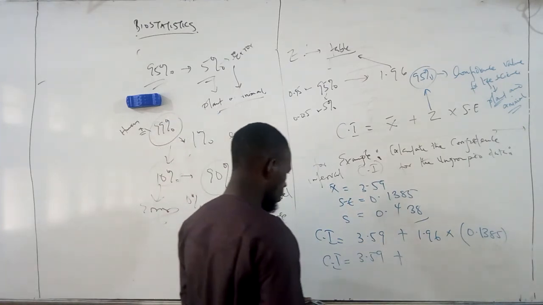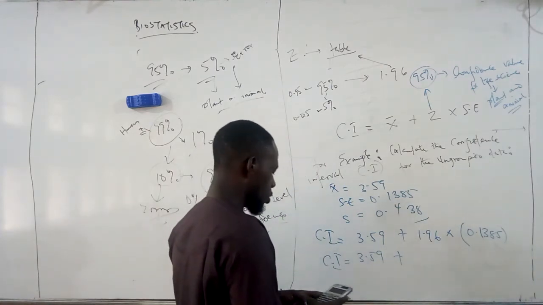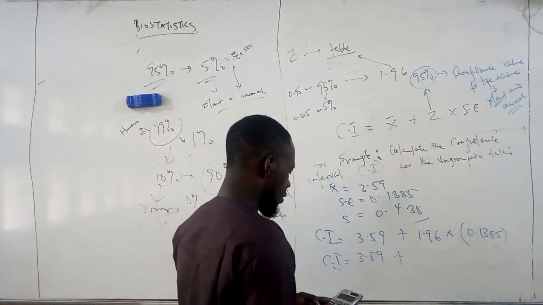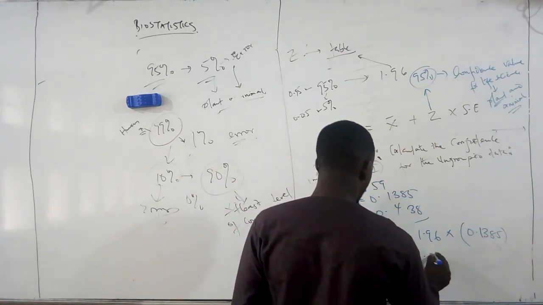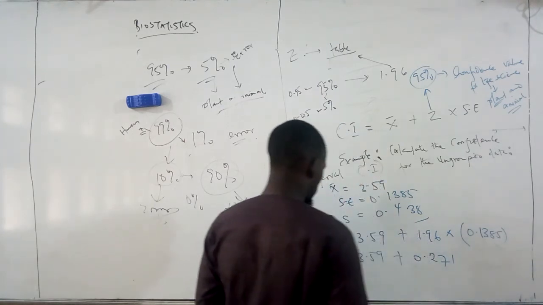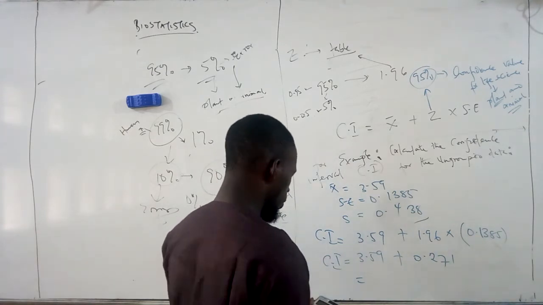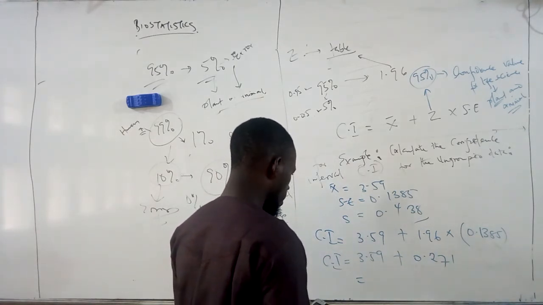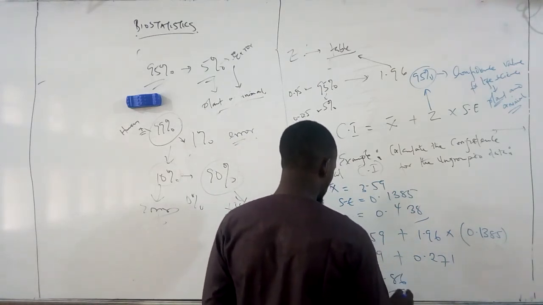So let's calculate again. 1.96 times 0.1385, that's 0.271. So adding them now, plus 3.59, we're going to have 3.86.